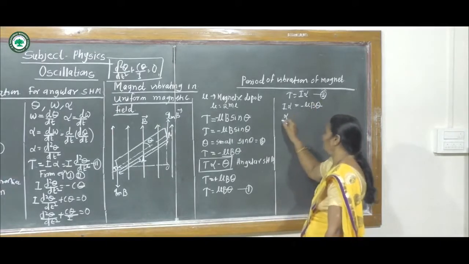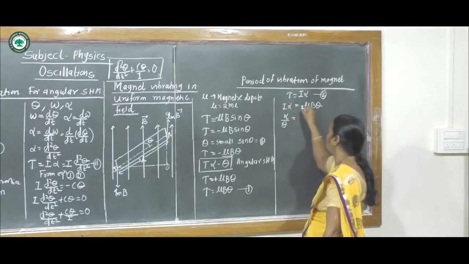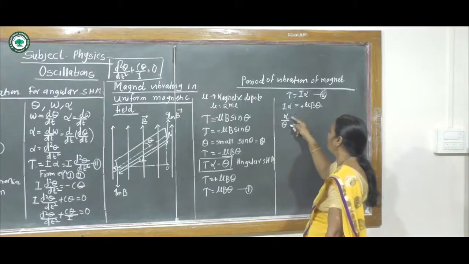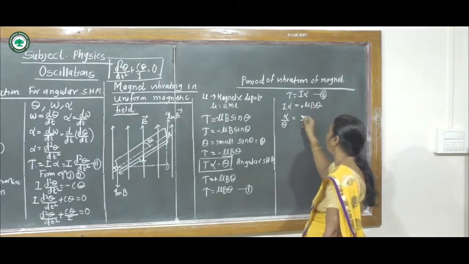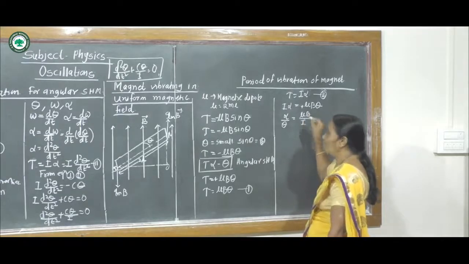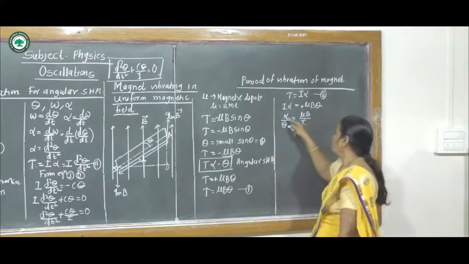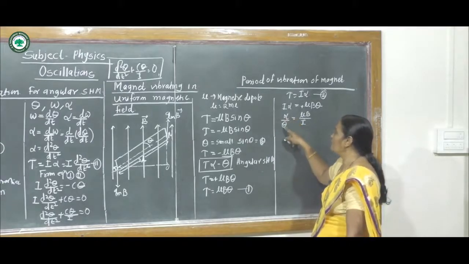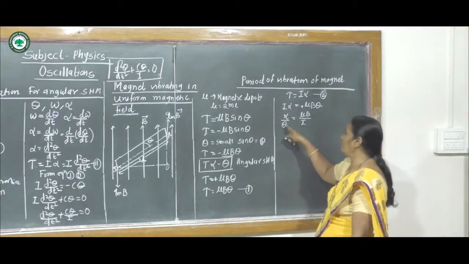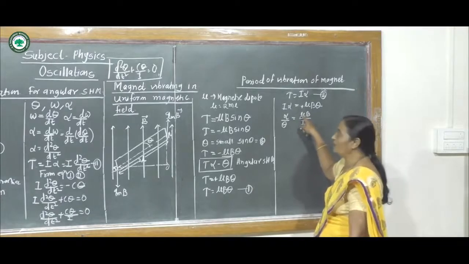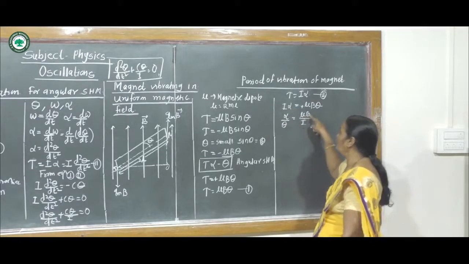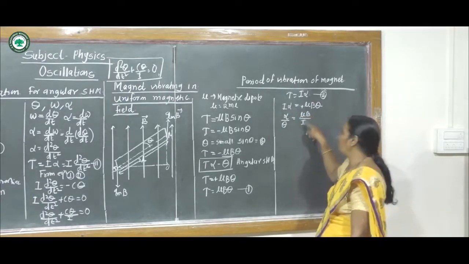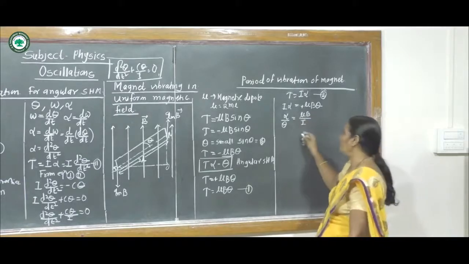Then alpha divided by theta, considering the magnitude, is equal to mu B divided by I. Here alpha is the angular acceleration, theta is the angular displacement, mu is the magnetic dipole moment, B is the magnetic field, and I is the moment of inertia.